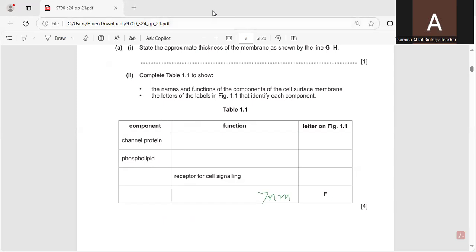First of all is the channel protein, labeled with the letter A. The function of this channel protein is to facilitate diffusion, or the movement of ions. Phospholipids are labeled with the letter E, and the function of these phospholipid molecules is that they form a bilayer.